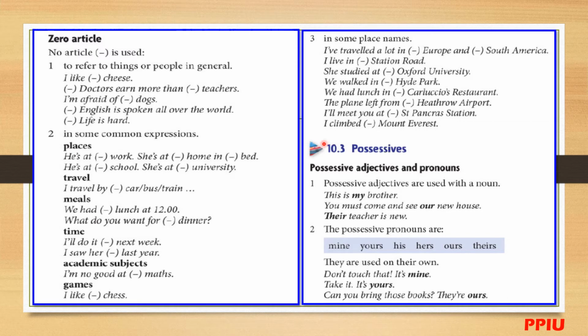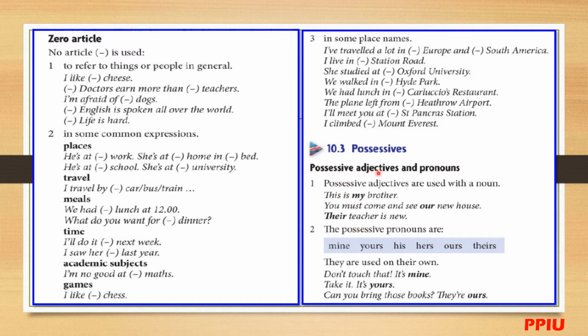Okay, we have to move to the third point, about possessives. Possessive adjectives and pronouns. Possessive adjectives are used with a noun. This is my brother. You must come and see our new house. Their teacher is new.